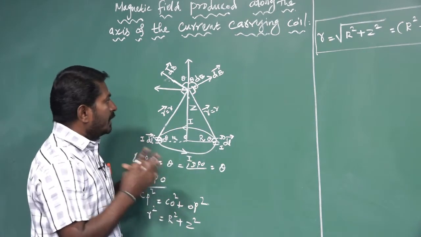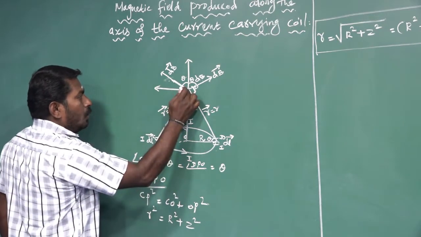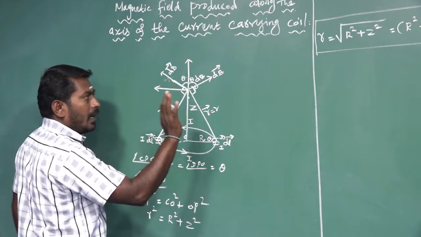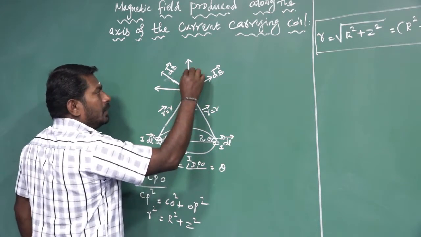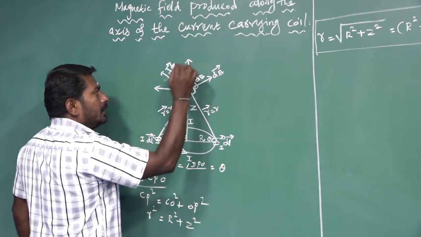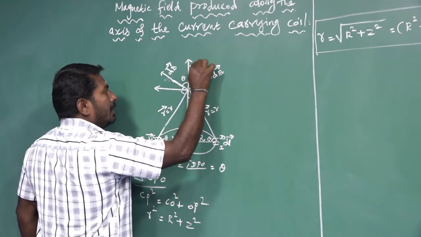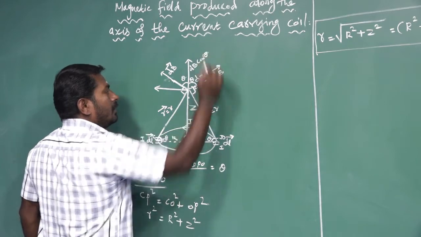So in the resolution of vectors, one of the vectors makes the theta angle with this component. That component is the cos component, dB cos theta.